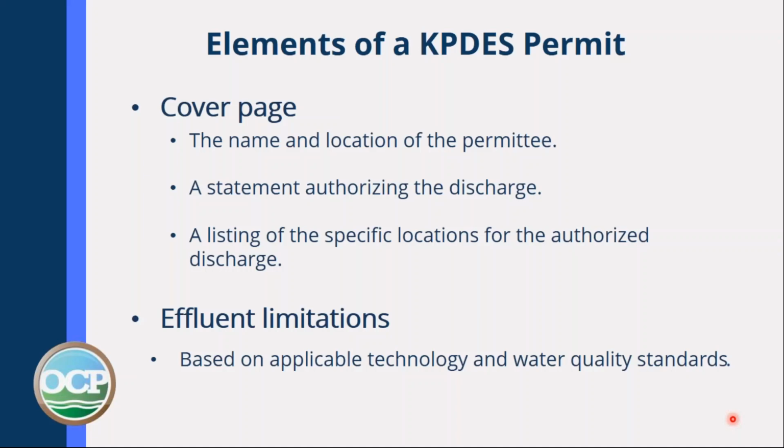Also in the permit are going to be the limits of what you can put into the receiving waters of the Commonwealth. And these limits are really going to be based on water quality standards and what applicable technologies you have available to make sure that you can remove them from the wastewater stream before discharge.